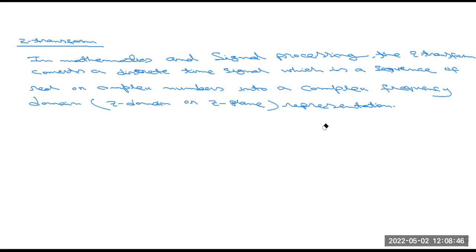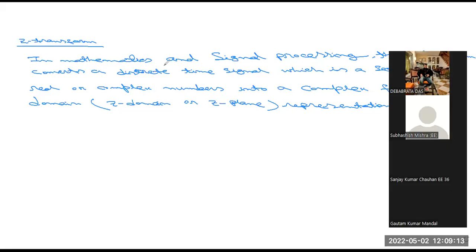So in the discrete control system and also mathematics, the jet transform basically converts a discrete time signal, which is a sequence of real or complex numbers, into a complex frequency domain. This frequency domain is called the jet domain or jet plane.